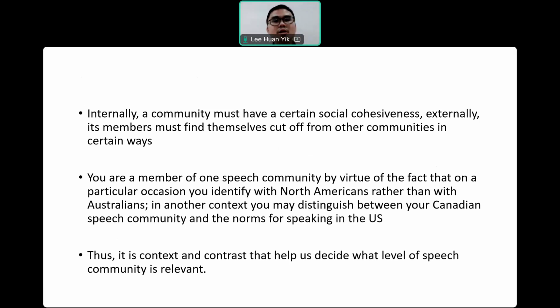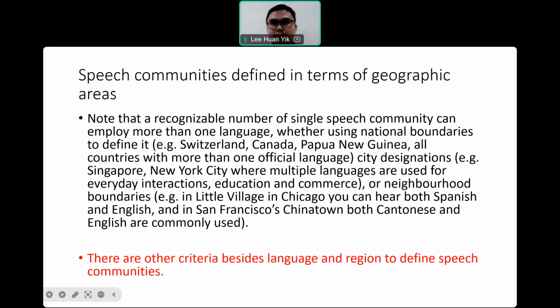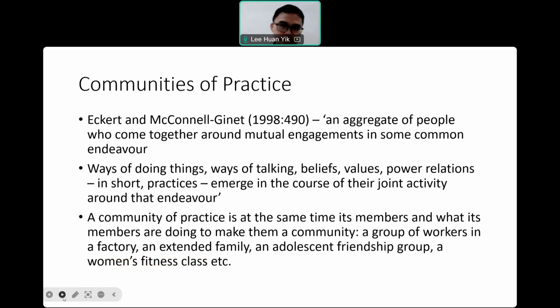That's where you compare and contrast, and the context determines what level of speech community is relevant to you and which group you are in. Sometimes it depends on the geographical area, and some countries and communities tend to speak more languages. There are other criteria apart from language and region to define speech communities, but generally some people relate to where they're from.